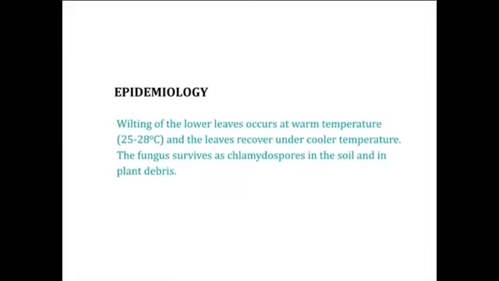Now let's see the epidemiology of the disease. Wilting of the lower leaves occurs at warm temperature, that is 25 to 28 degrees centigrade, and the leaves recover under cooler temperatures. The fungus survives as chlamydospores in soil and in plant debris. Next is the management of the disease.